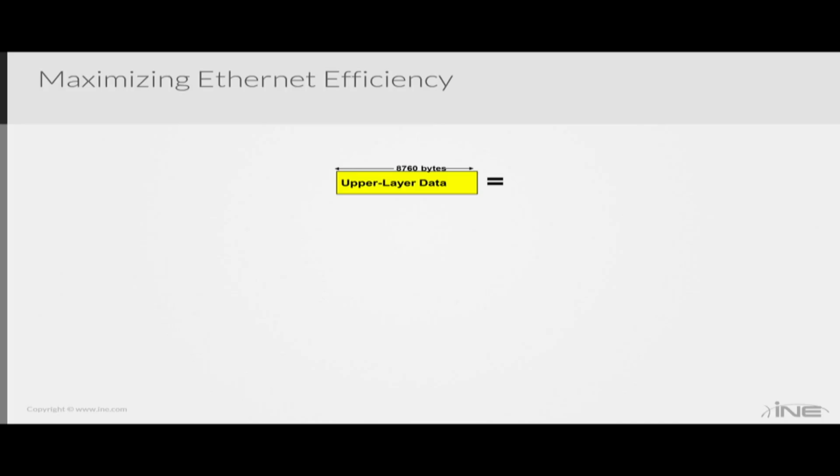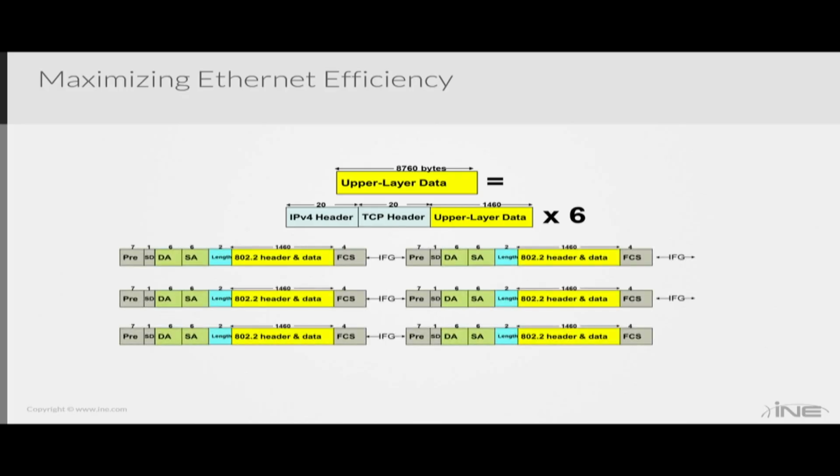The Ethernet frame can only have 1,500 bytes of data. So TCP would break that into 6 different segments of 1460 bytes each. It would add the TCP header, and you'd have the IP header. That would result in 6 maximum-sized Ethernet frames, each spaced with the interframe gap in the middle of them.